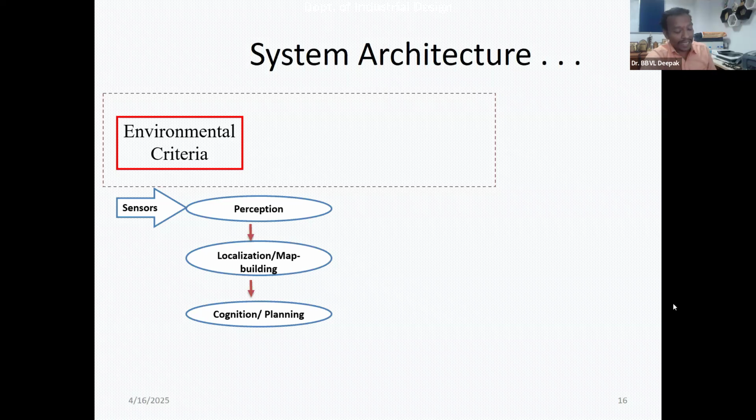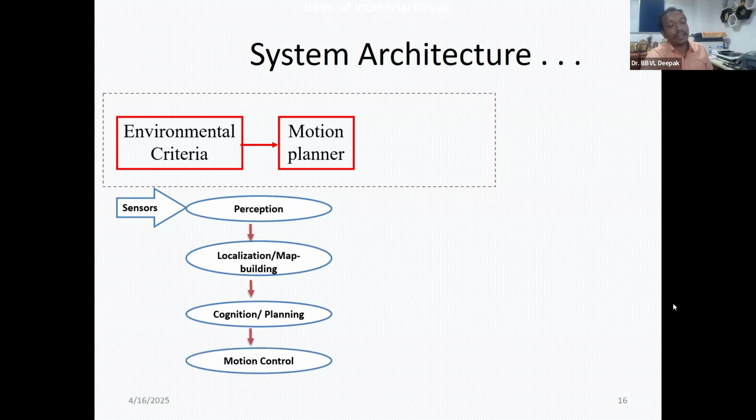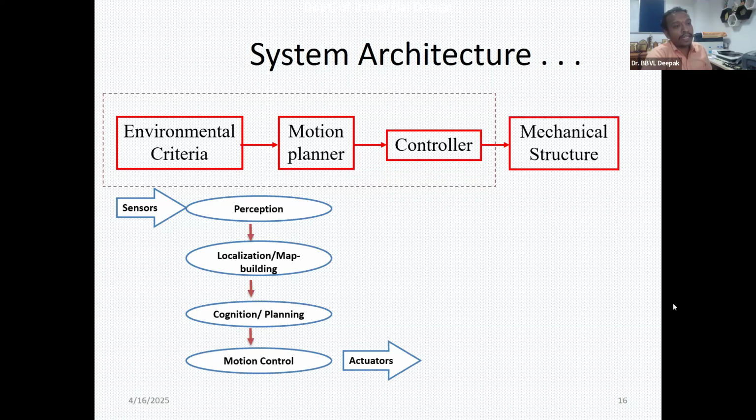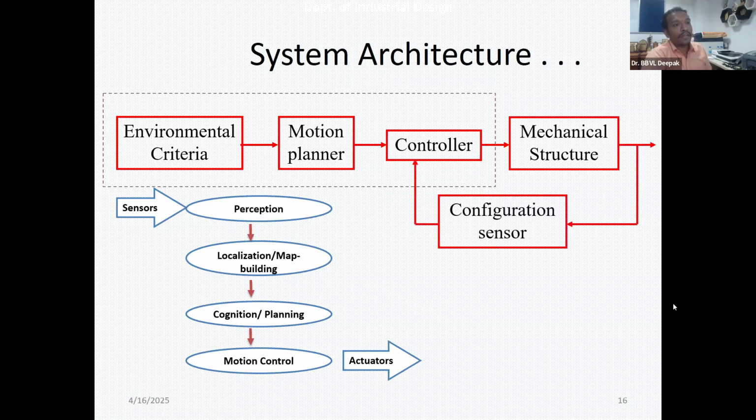The cognition or the motion planning can be provided to a robot with the support of artificial intelligence. So here we are giving that artificial intelligence based motion planning technology. Then once this motion planning is done, we will simply interface it to the controller, and the controller sends the actuator commands, thereby it imparts the motion, right? And one feedback system will be there, to check whether the actuator or the mechanical link has reached the exact location or not.